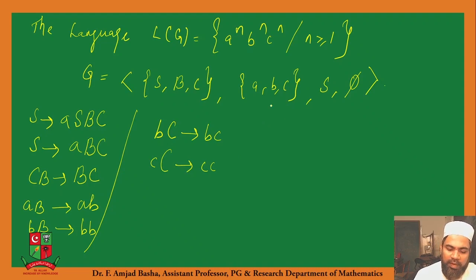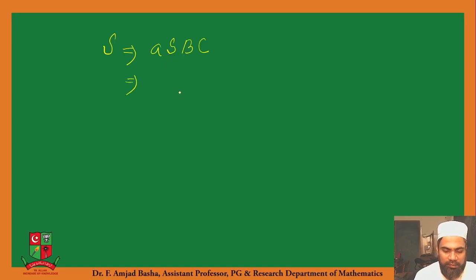So how do we derive these strings? Suppose we want to derive the first word: capital S can be taken as ASBC. Generating the first word is very simple, so let me move on to the second one, A square B square C square.